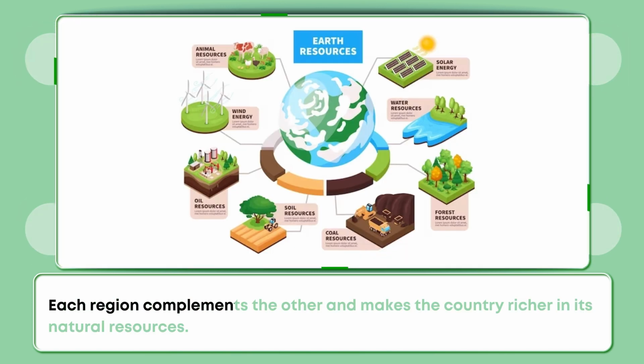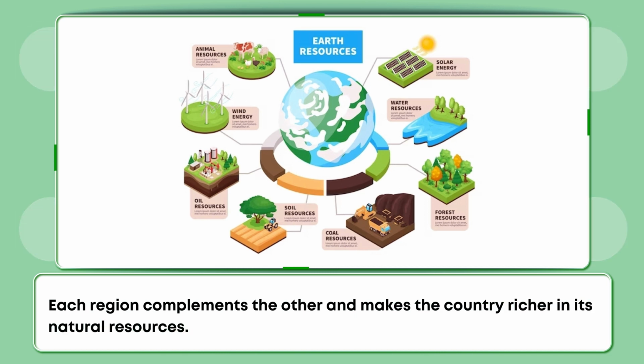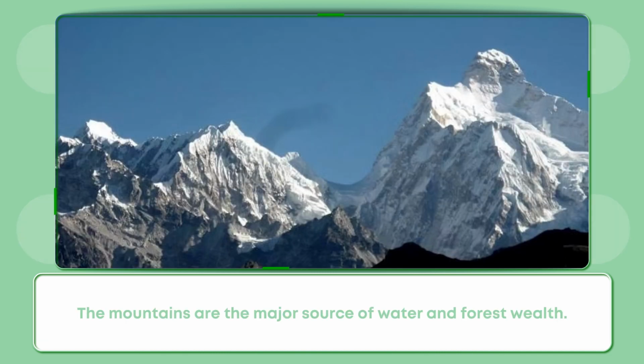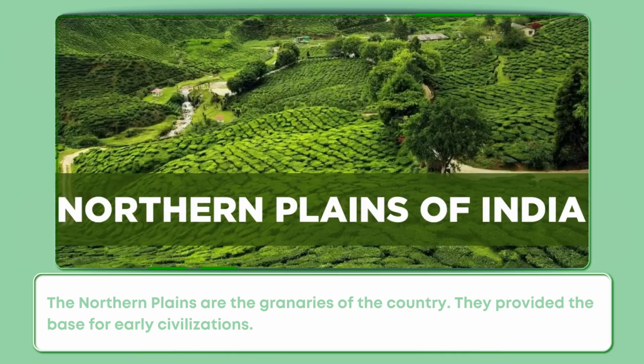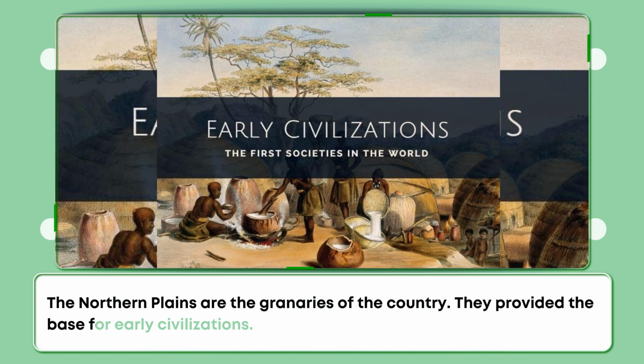Each region complements the other and makes the country richer in its natural resources. The mountains are the major source of water and forest wealth. The northern plains are the granaries of the country. They provided the base for early civilizations.